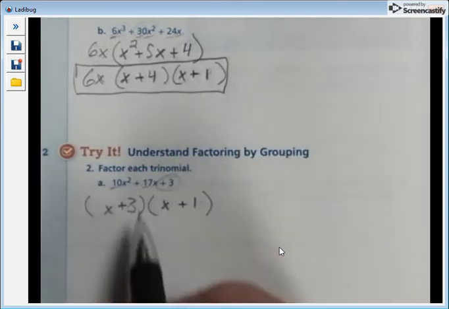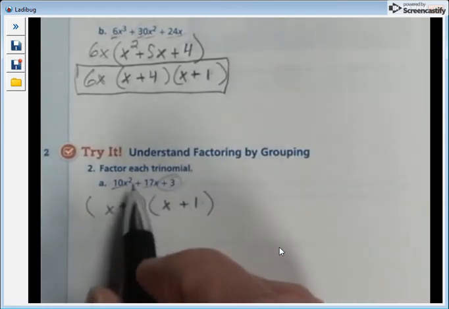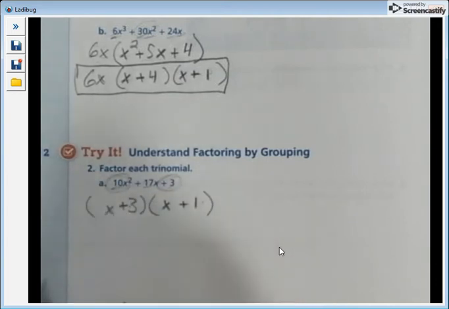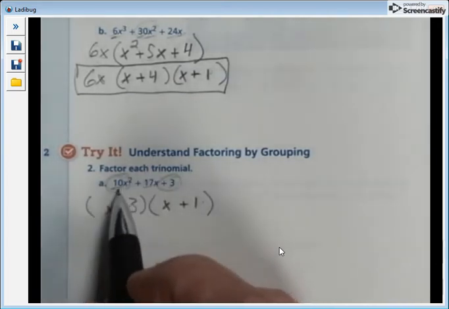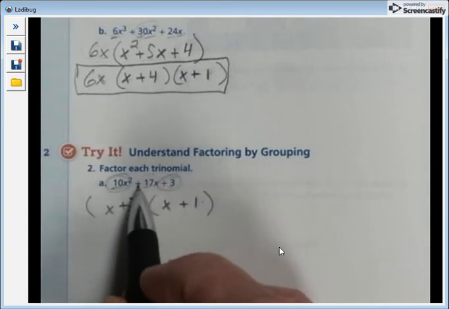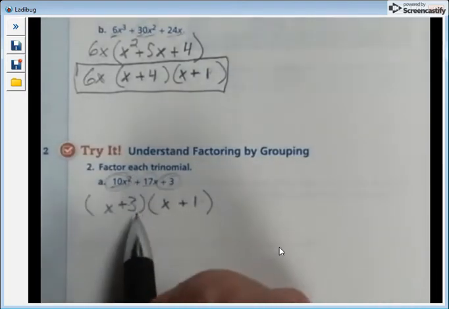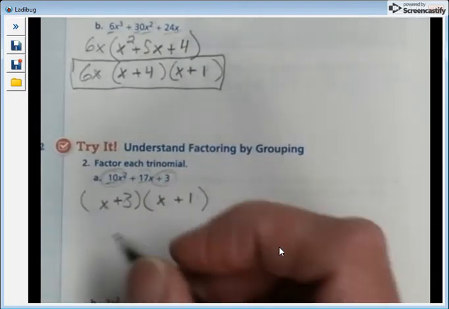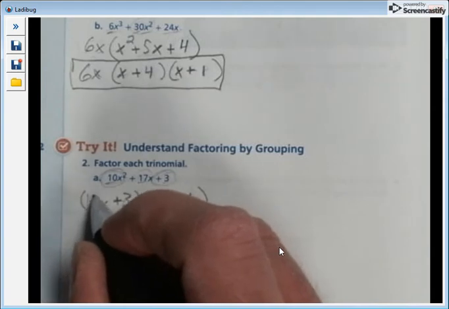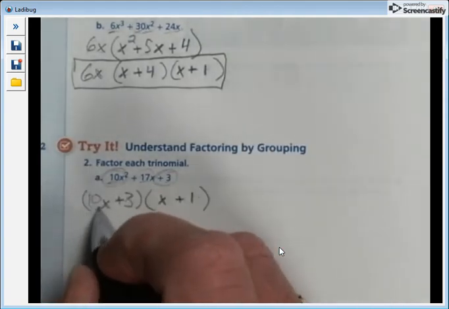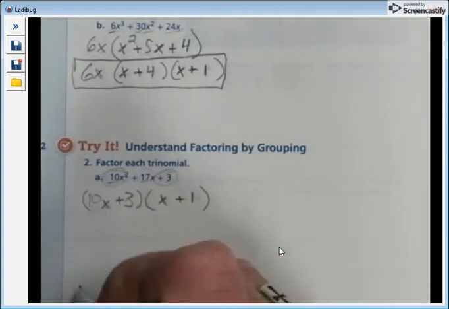That gives me 3. But now I have to figure out the rest, so I have to break down the 10 in a way that lets you get 17 as your middle part. We could just try some things out: put a 10 here and leave that as a 1. 10x times x is 10x squared.